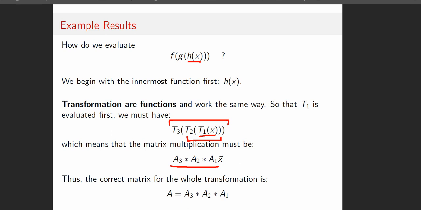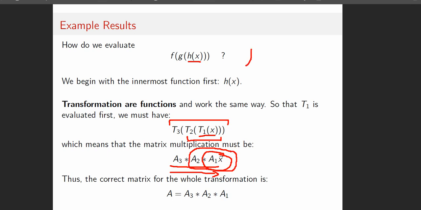No, we don't do it. We do them in descending order. Why? Because it's functions, and I have to evaluate the innermost function first. Once I have A sub 1 times the vector x, I take the result and multiply it by matrix A sub 2, and so on.